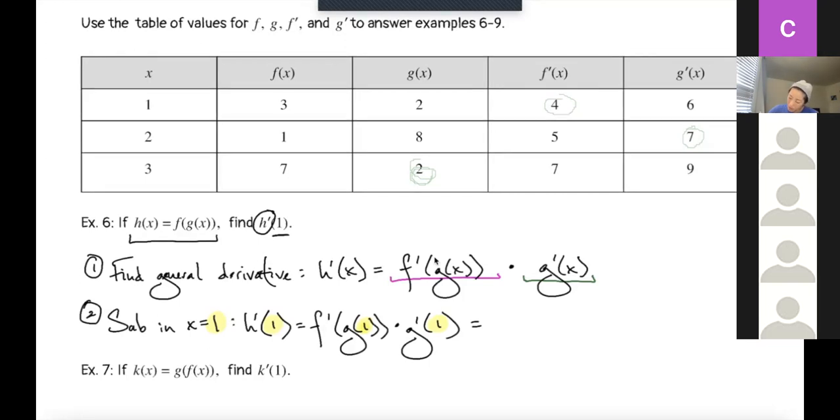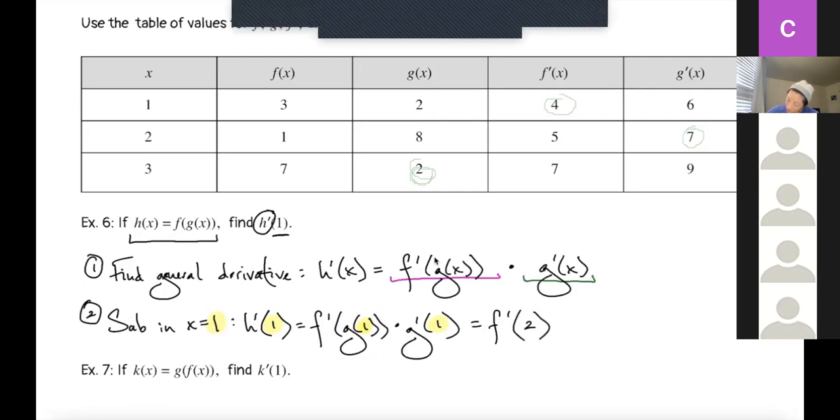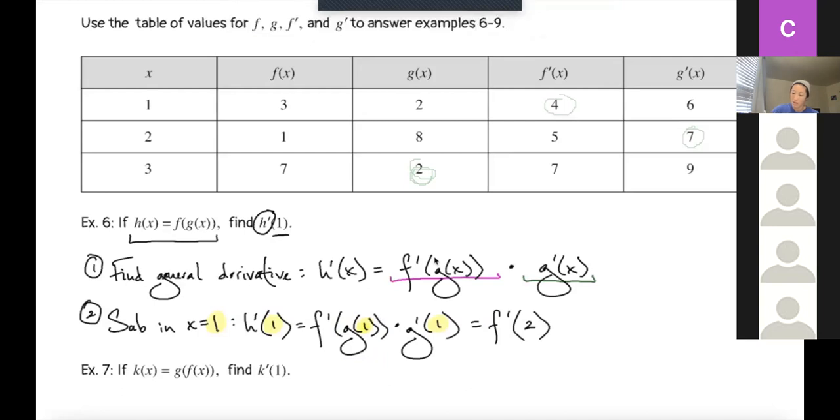Can someone tell me what g of 1 is? g of 1 is 2. Good. So I'm going to write f prime of 2. Instead of f prime of g of 1, I put f prime of 2. Can someone explain how I was able to do that?